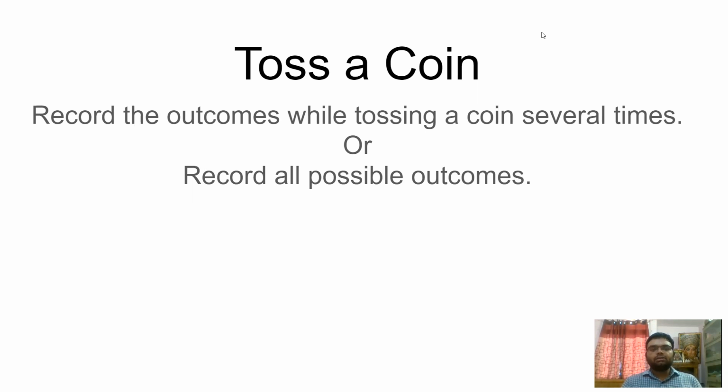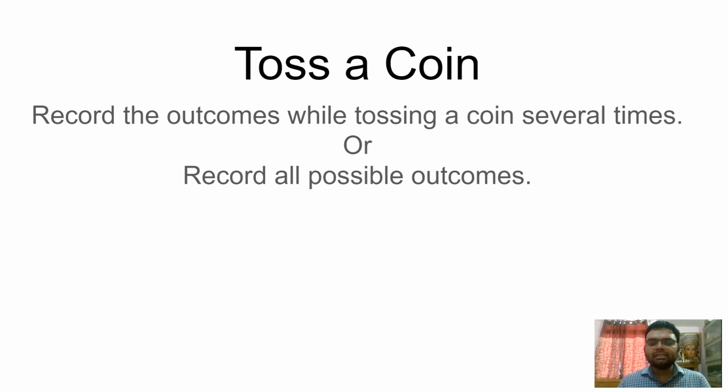Let us suppose we toss a coin and we want to measure the chance of getting a head or a tail. In order to measure those chances, we have two ways to approach it. First, we perform the experiment several times and obtain the possible outcomes.